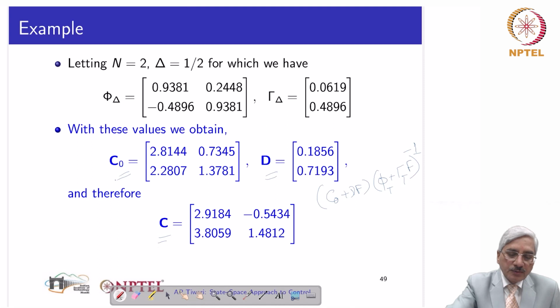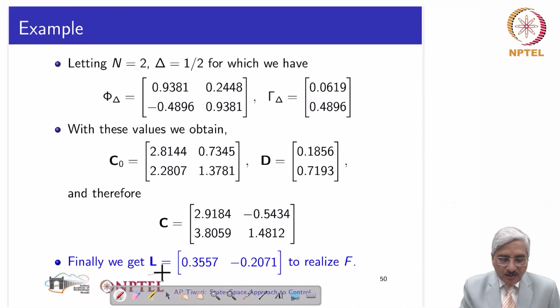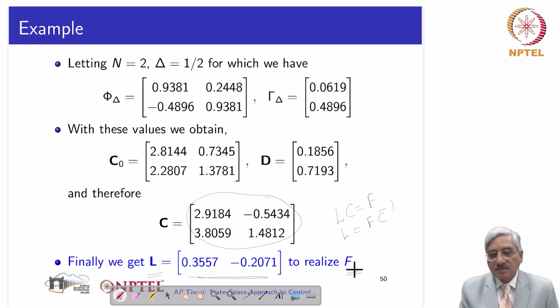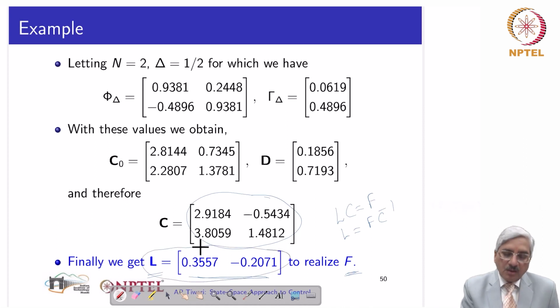And then LC equal to F, so L equal to, here this C is invertible, so L equal to F C inverse, and we get this. This will realize the same control characteristics as that obtained with the state feedback gain F, and thus we obtained the gains for the fast output sampling based controller for this continuous time second order system with one input and one output.